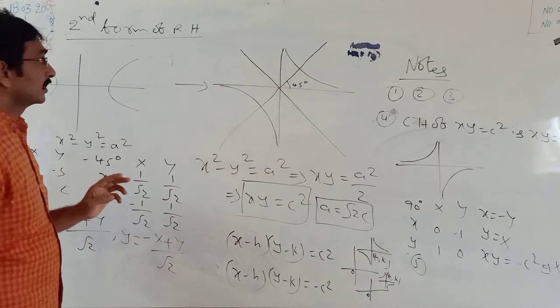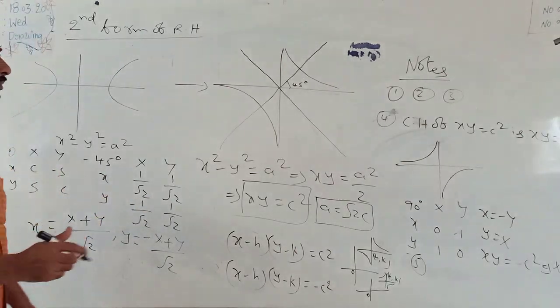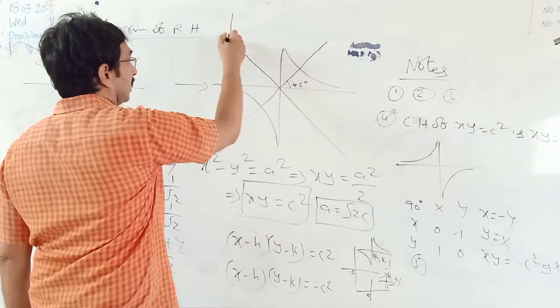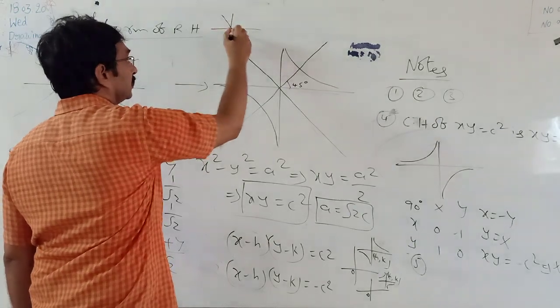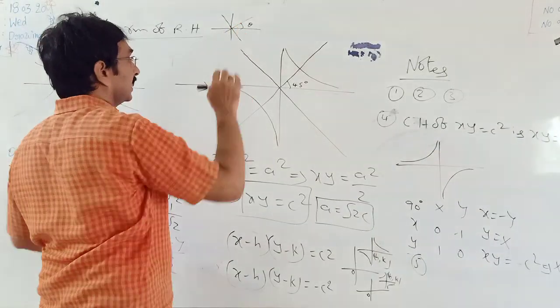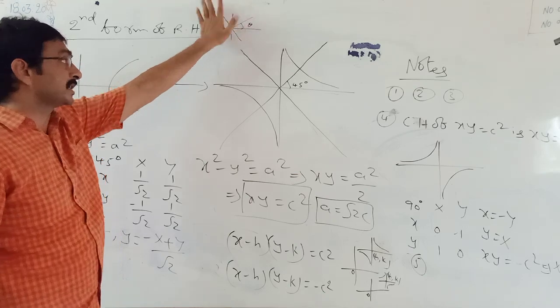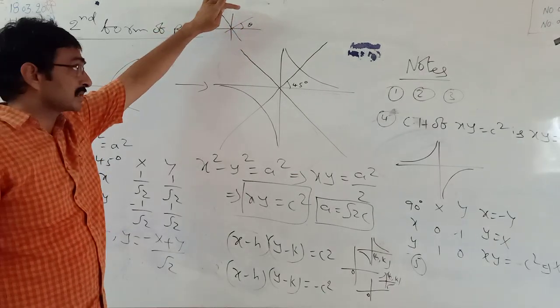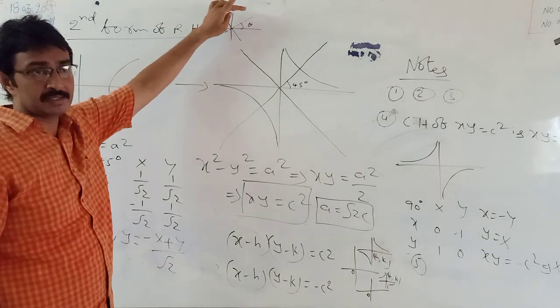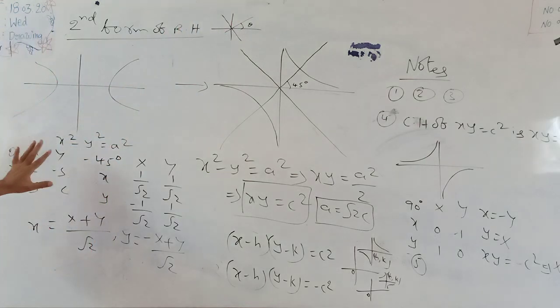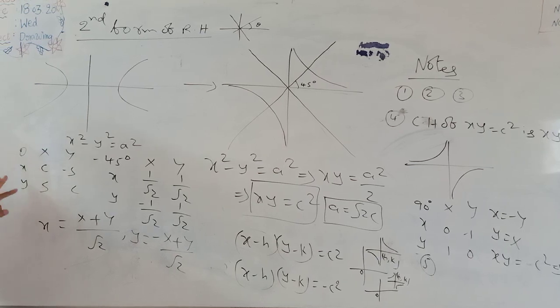In the first year, rotation of axis: if the coordinate axes are rotated through an angle theta in anti-clockwise direction, original coordinates are small x, small y, new coordinates are capital X, capital Y. Then from this table we can write small x and small y in terms of capital X and capital Y. cos theta, minus sin theta, cos theta.